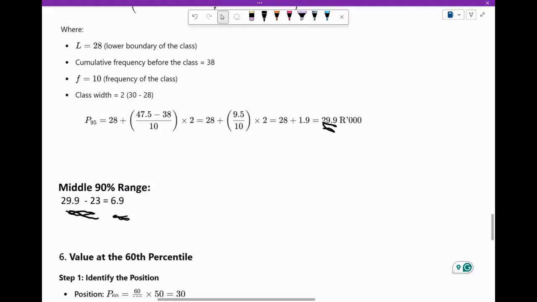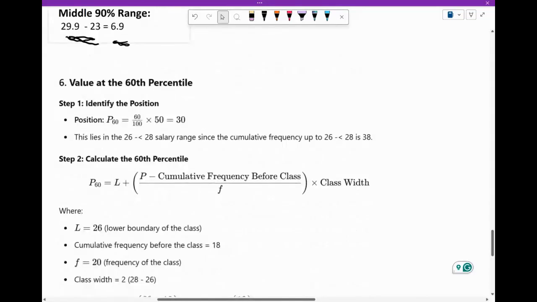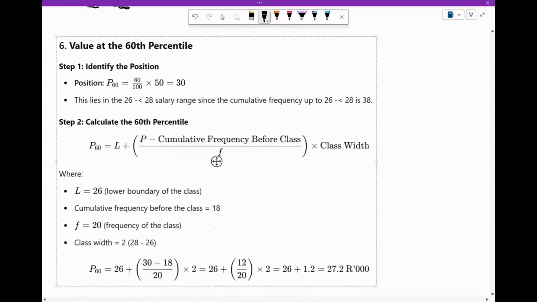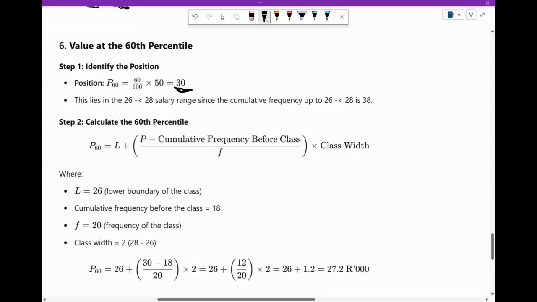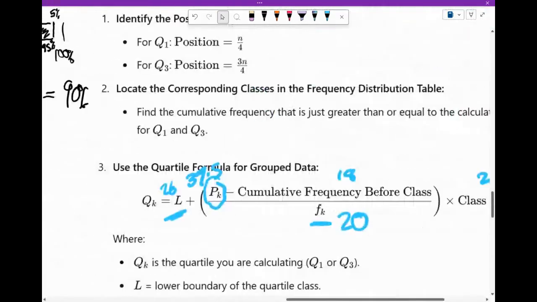Okay? Then here, they've just asked us to calculate the 60th percentile. We get our positioning. After getting our positioning over here, which is 30, we go and look which class has 30 in it, because people don't want to share a picture on the group.